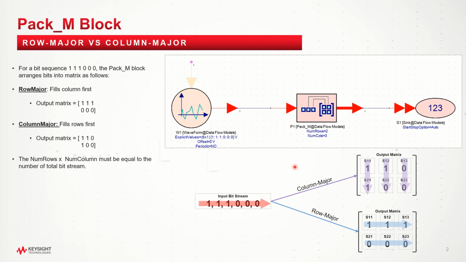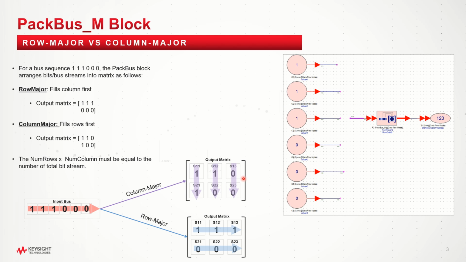Okay. All right. So now the next block is the pack bus. This is similar to the pack block that I described earlier. The only difference is this pack bus can take multiple inputs, and in SystemVue we call it a bus. So if you have signals or data streams coming from different inputs, you can create a bus which is indexing all the inputs coming through here into one block.